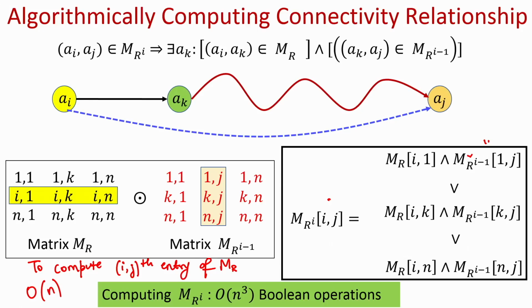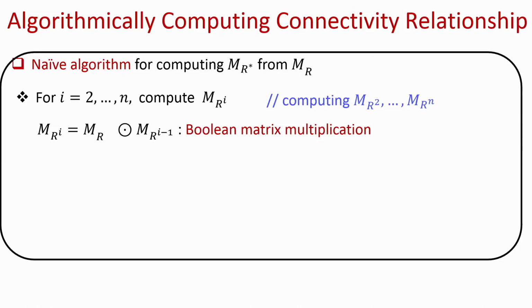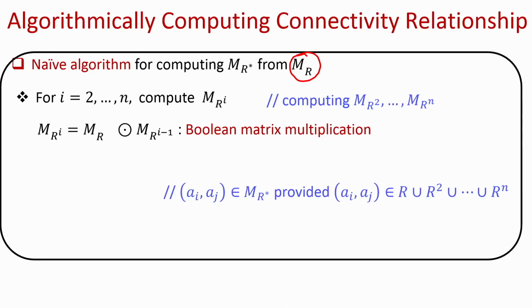So, that is why it will be order of n cube computation. Now, coming back to the naive algorithm, the first step was computing the matrices for the different powers of R, starting from the Boolean matrix of the relation R, which is given as input to you. By applying the Boolean matrix multiplication operation that we have just discussed, we can compute the matrices for the individual powers of the relation R.